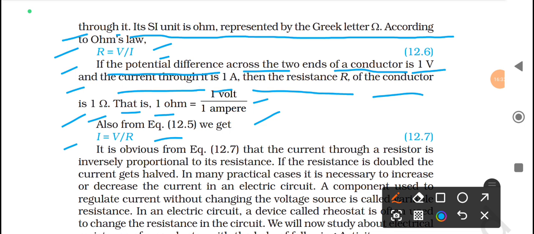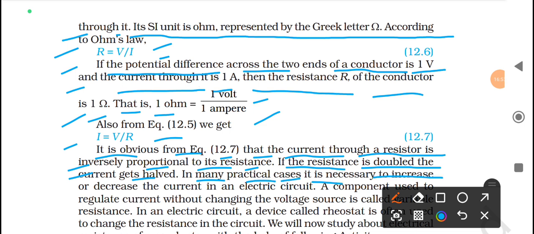Also, from equation 12.5 we get I is equal to V by R. It is obvious from equation 12.7 that the current through a resistor is inversely proportional to its resistance. If the resistance is doubled, the current gets halved.